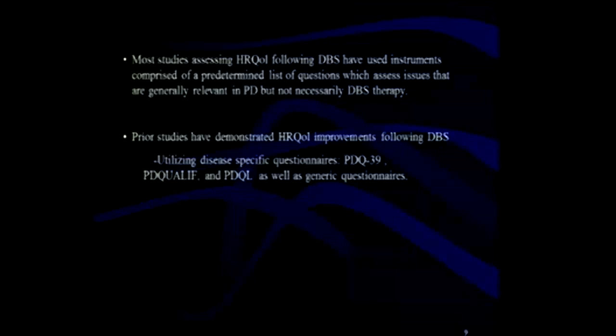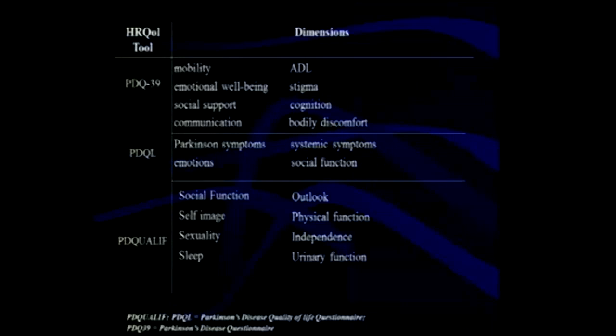These are three questionnaires that are fairly commonly used: the PDQ-39, the PDQ-ALF, which is what I currently use in my clinic, and then the PDQ-L. These are the dimensions that they'll assess, and for the most part, they assess the same dimensions. There's a different number of questions. The PDQ-39 is 39 questions.